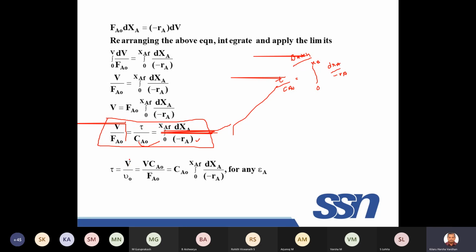Now my question: batch reactor, what is batch? There is no continuous process. Accumulation is there. But PFR is a continuous process where there is no accumulation. There is continuous input, there is continuous output.